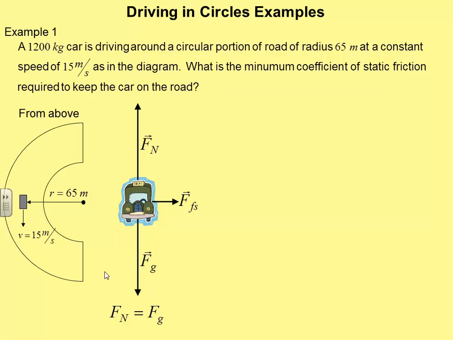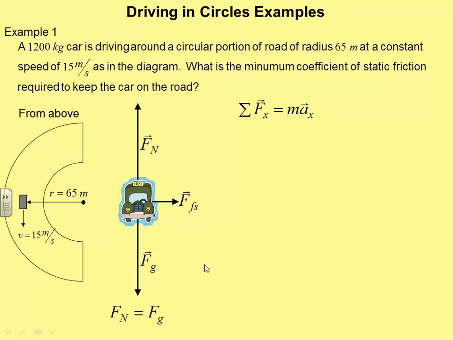Now, we're looking for the minimum coefficient of static friction, so let's look at the horizontal force situation. First of all, notice that it's unbalanced, and therefore it is accelerating. So by Newton's second law, the net horizontal force must equal its mass times its acceleration. There is only one horizontal force, and in our diagram, the force of static friction is to the right, so positive.